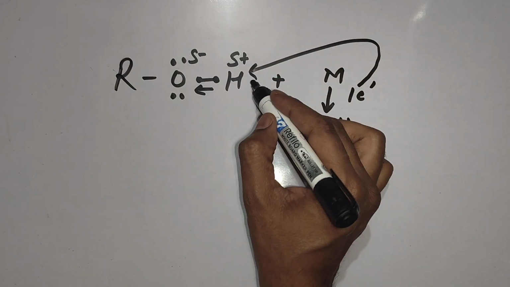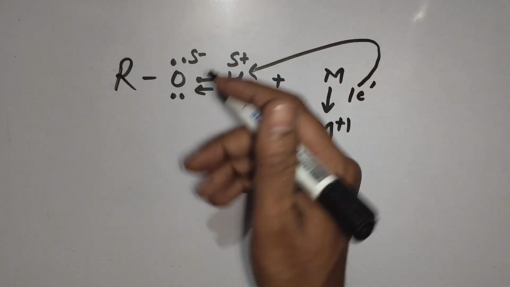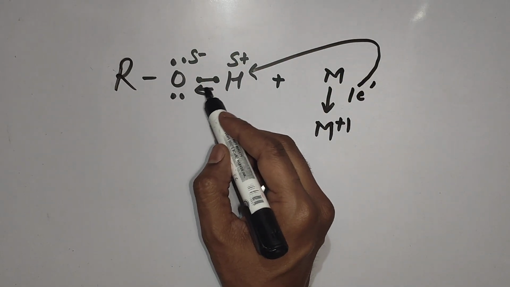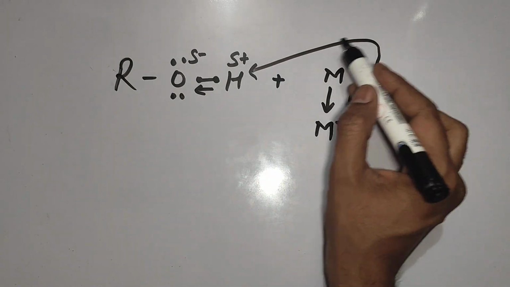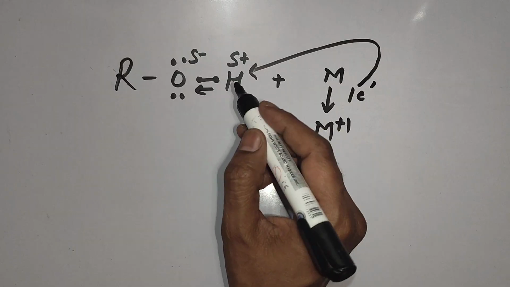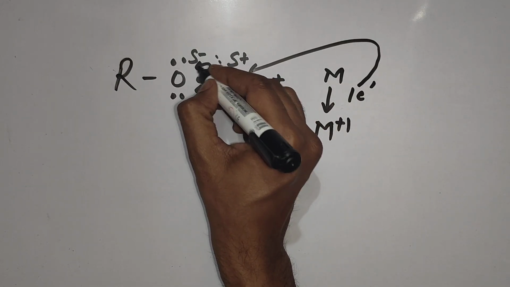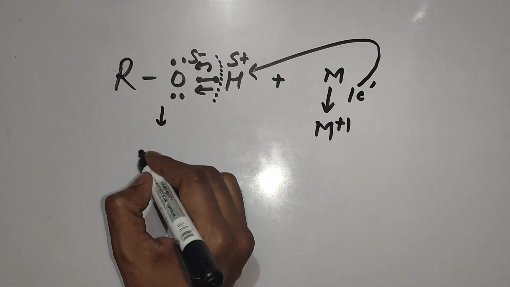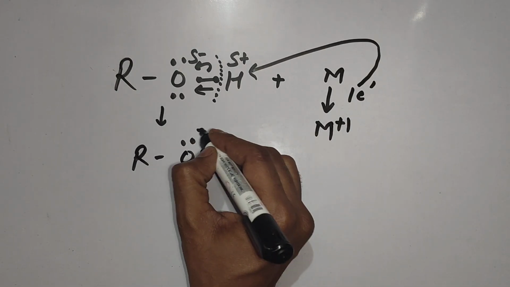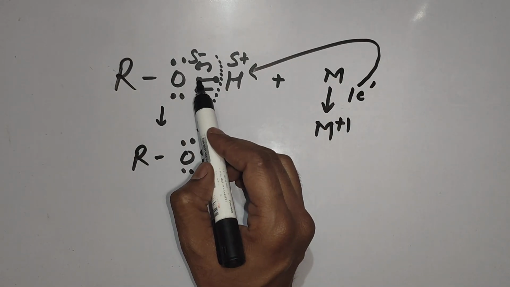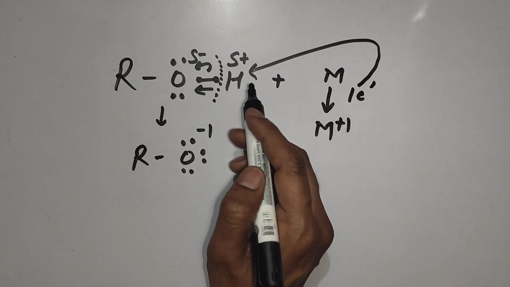Now when electron will go toward hydrogen, this bond will completely break because automatically already it is a weak bond because electron transfer is there toward oxygen side and one more electron is coming toward hydrogen side, so bond will completely break. And how? Both electrons will completely shift toward oxygen, due to which this part will become this one. Oxygen will have third pair of electron around it, and minus 1 charge due to extra electron of hydrogen.